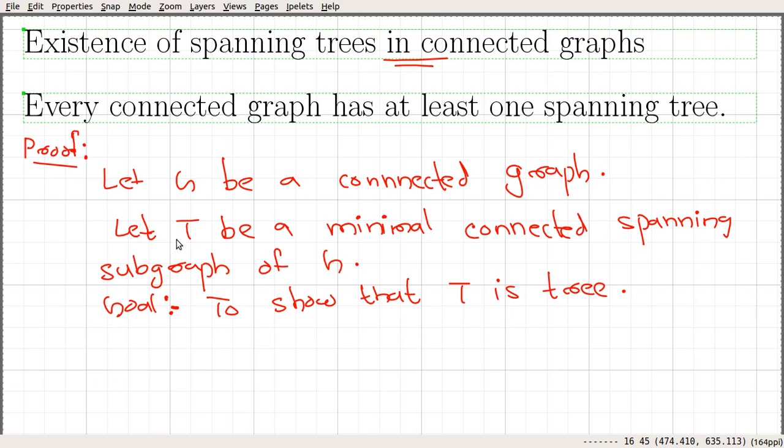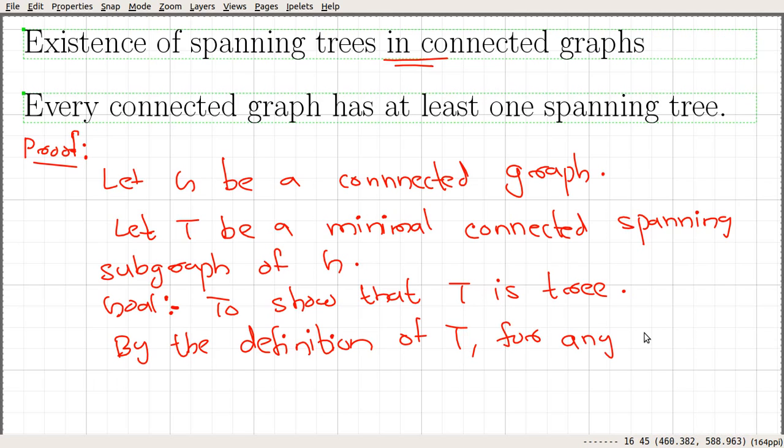By the definition of T, T is a minimally connected spanning subgraph of G. So if you remove any edge from T, since it is a minimally connected one, the graph will become disconnected.